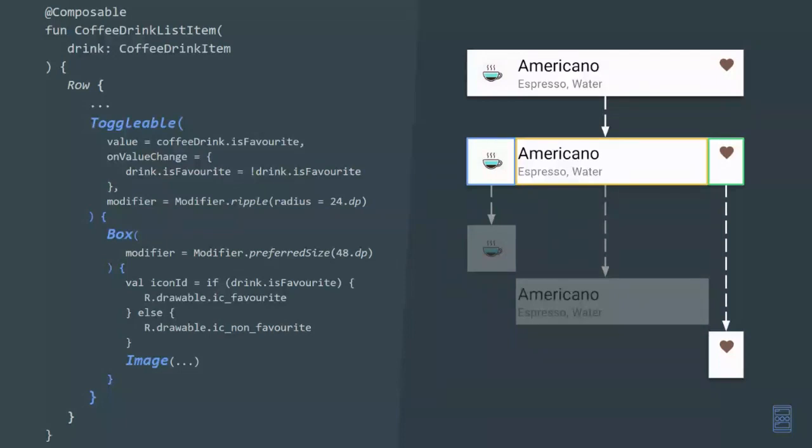Based on the state, we can use different icons, one for favorite and one for not favorite. And the toggleable feature will help us just to switch the state of this icon. And when we know the resource ID, we can just pass it to the image for rendering.